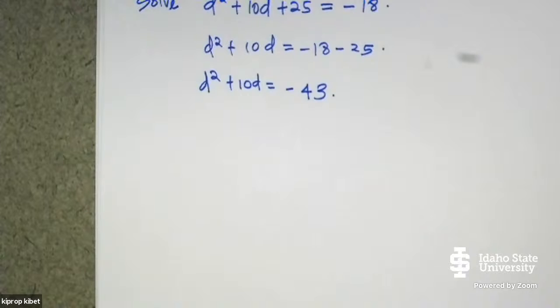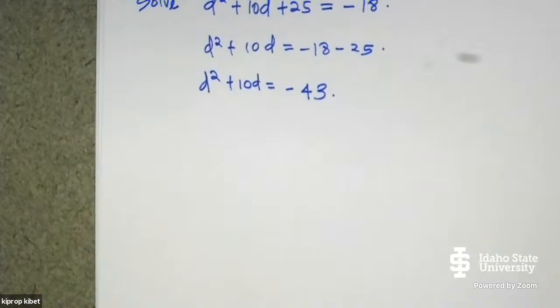Now, if you look at that, since we have our d here and our d also here, then if you factor it out, we see that we cannot get the values of d.